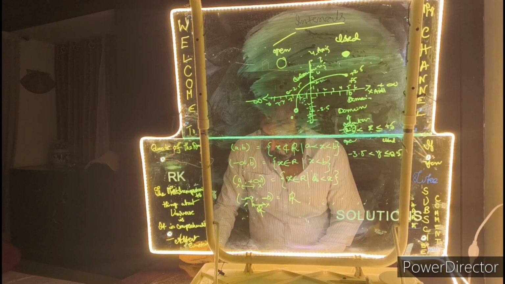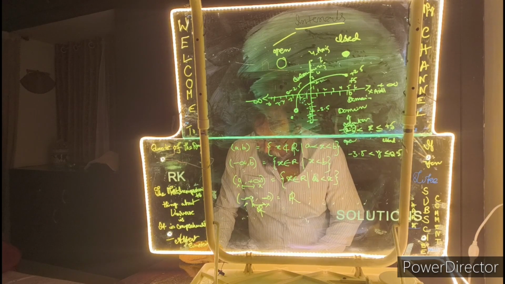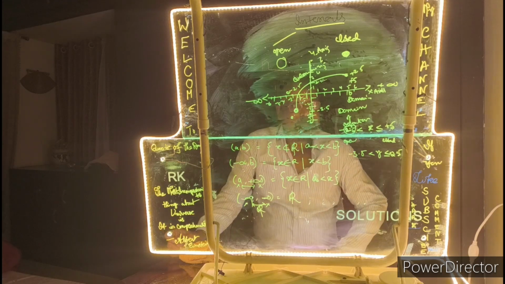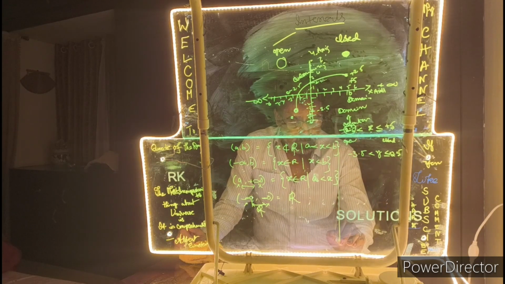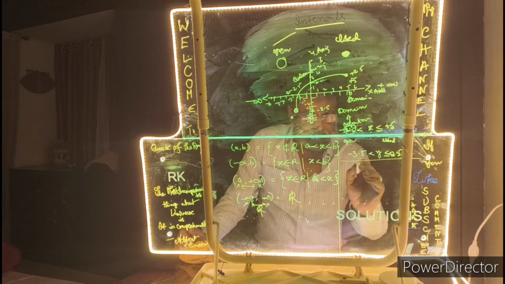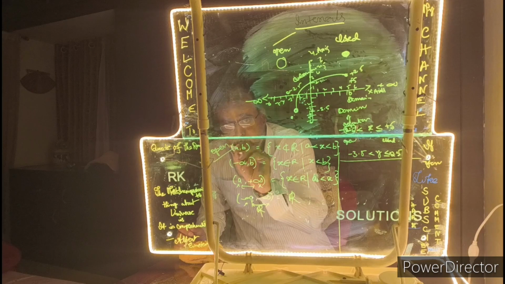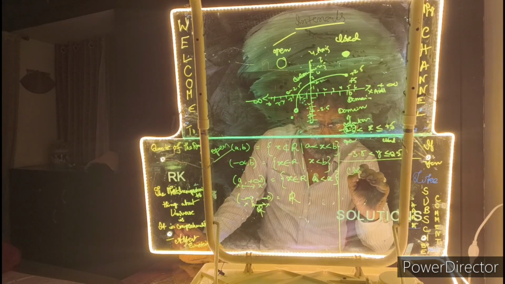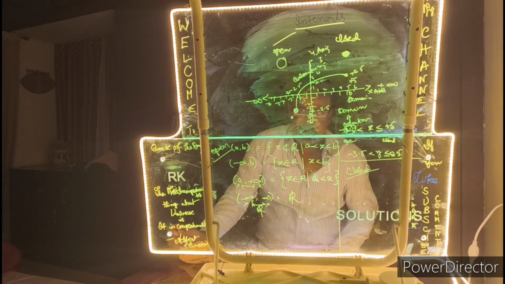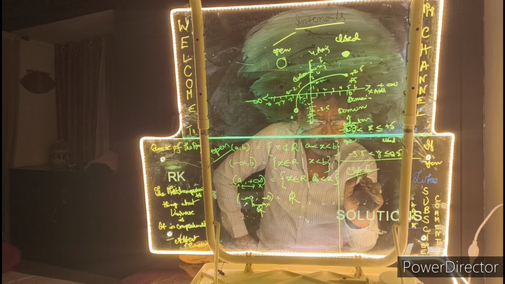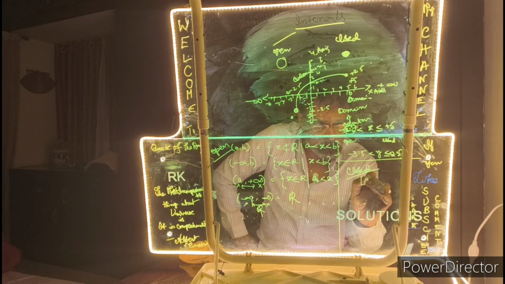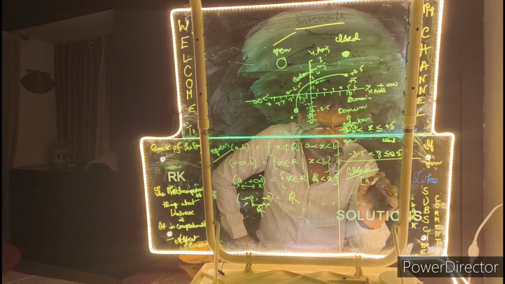Okay. So now we go to closed interval. Closed interval, as I told you, let's say here, this is open, this is closed. So in closed interval, the notation is a square bracket a, b square bracket.